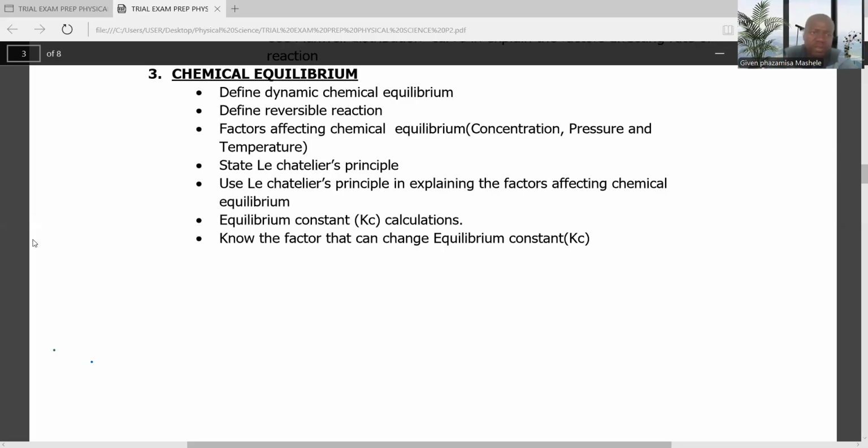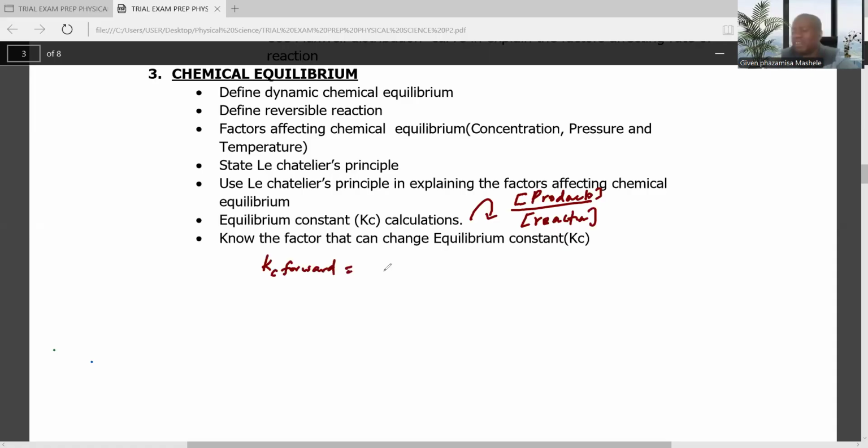I strongly believe most of you know how to calculate Kc. We know Kc is the ratio of the concentration of products over the concentration of reactants. But this one is for a forward direction, the Kc for the forward reaction.